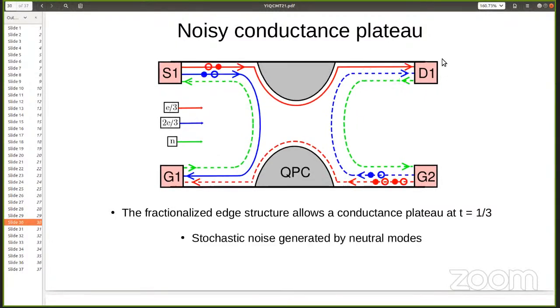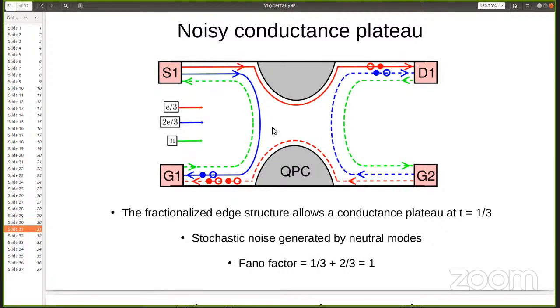Essentially the upshot is that the stochastic noise on the plateau is generated by the neutral modes, and the Fano factor is 1 because, even though only one of the modes is being transmitted, because of the neutral modes, you end up with a noise on both the charge channels. And so the Fano factor always corresponds to the bulk filling factor if you have neutral modes.